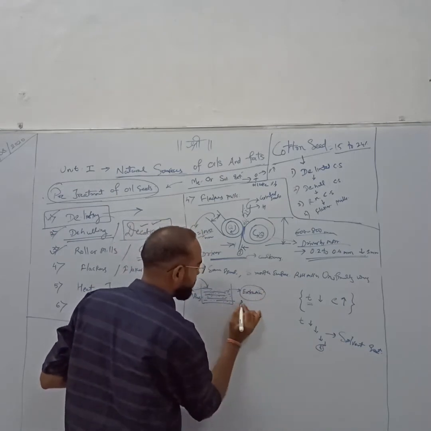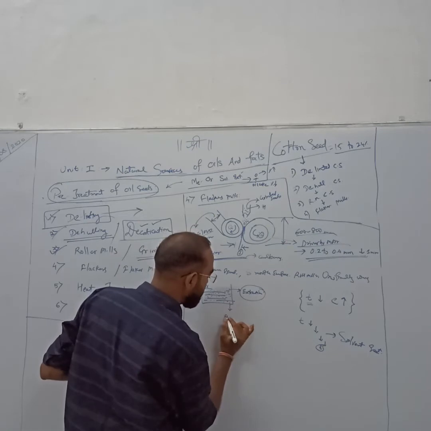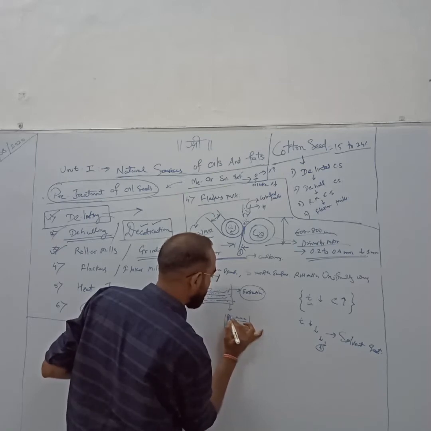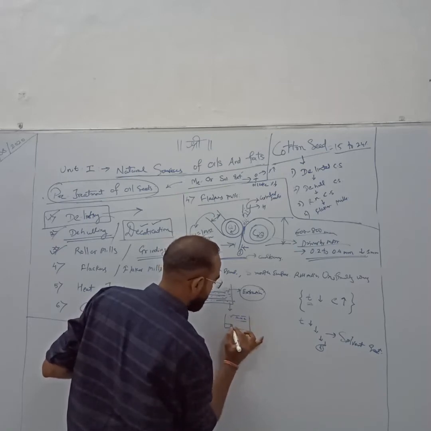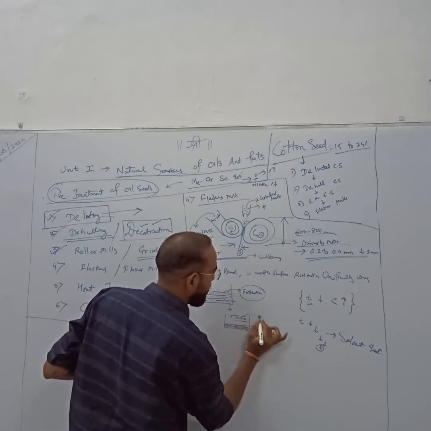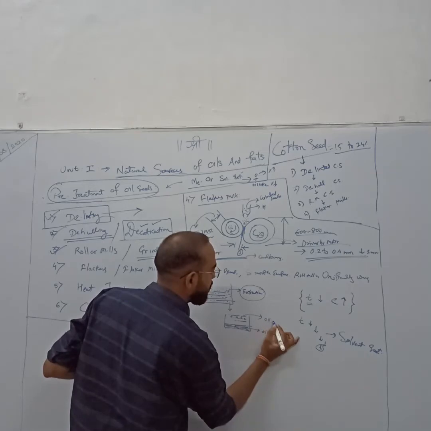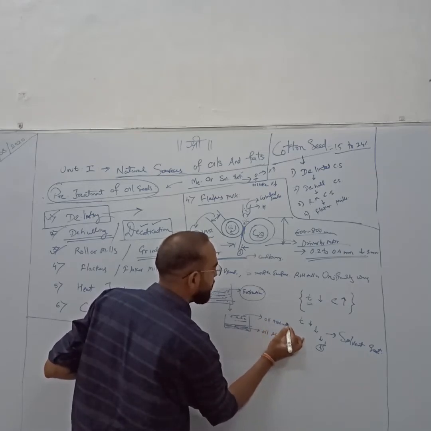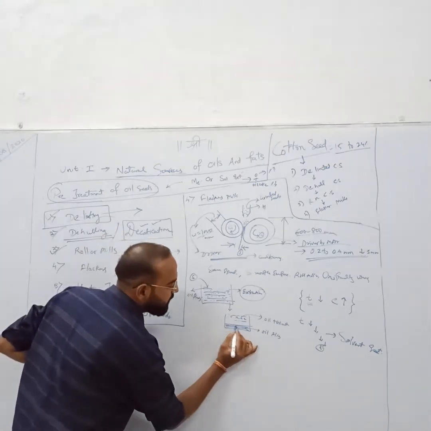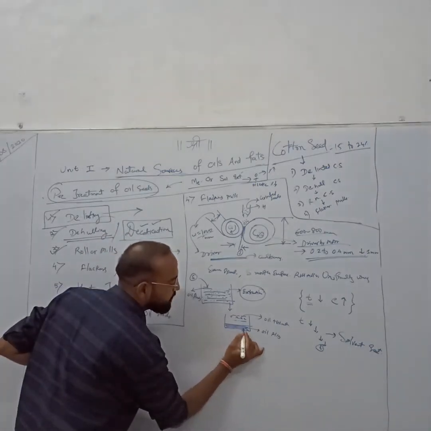After that process, we get the product as this is the area of flakes. This is your oil flakes, and this is oil plus solvent. But still, some amount of solvent is present with these solid flakes.